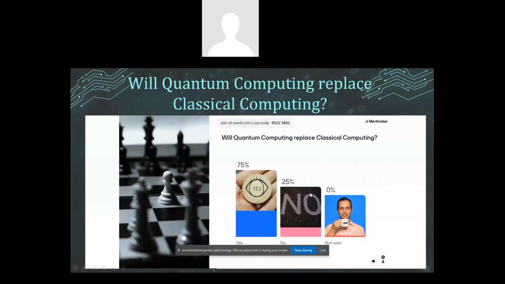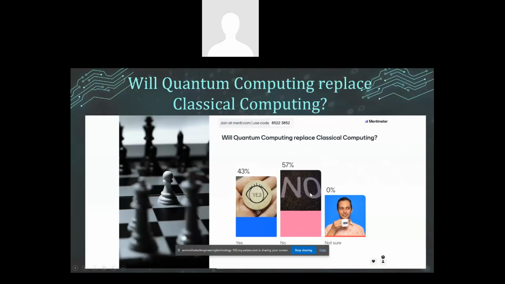Based on the responses, people are saying yes, but actually the answer is no. Classical computing is required for a different purpose, and quantum is an advanced level.